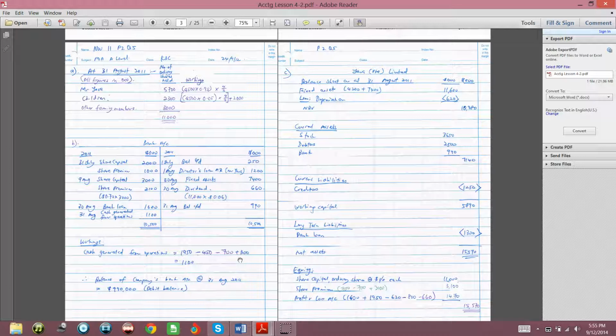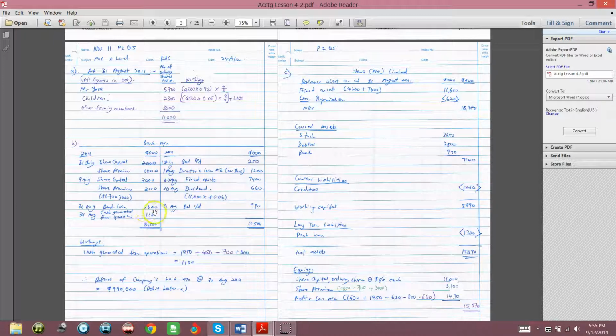So the creditors figure increased by 300,000, which means an increase in creditors is a cash inflow. So your profit before depreciation, minus the cash outflow from the stock and the debtors, plus the cash inflow from the creditors, will be your cash generated from operations.